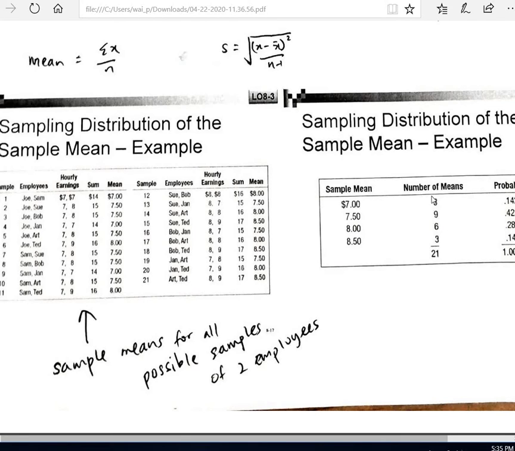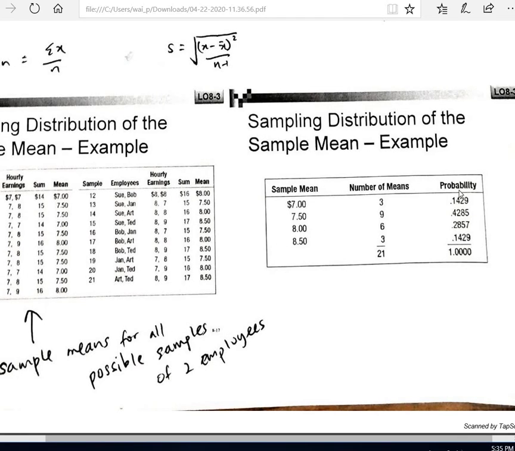Then how we get this number of means, 3, is: how many $7 appear? 1 time, 2 times, 3. So the number is 3. For $7.50: 1, 2, 3, 4, 5, 6, 7, 8, 9. So 9, and so on.